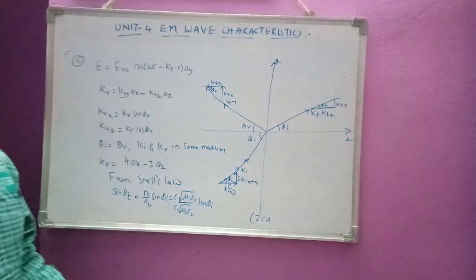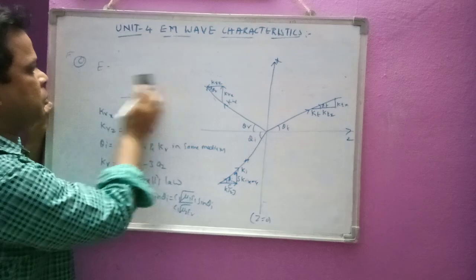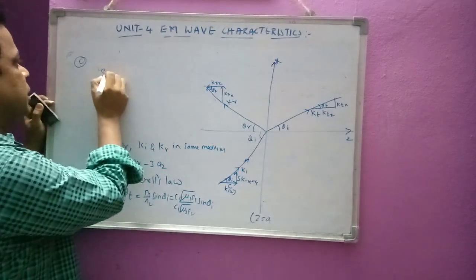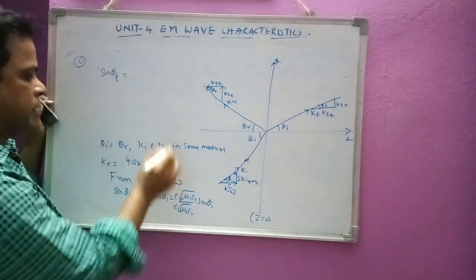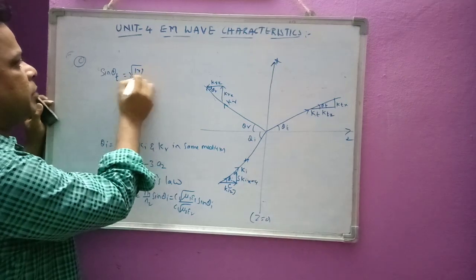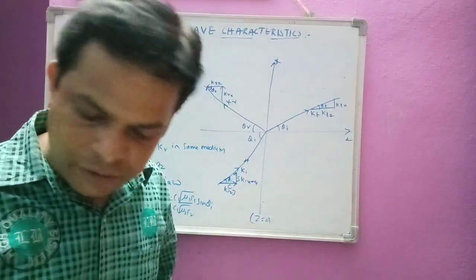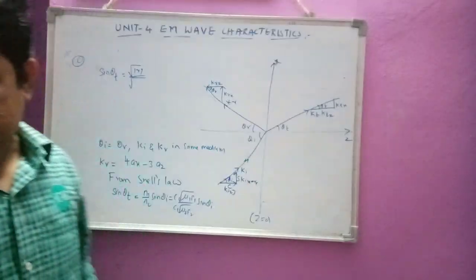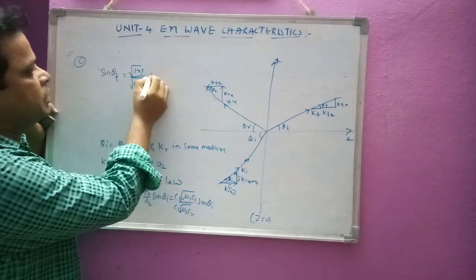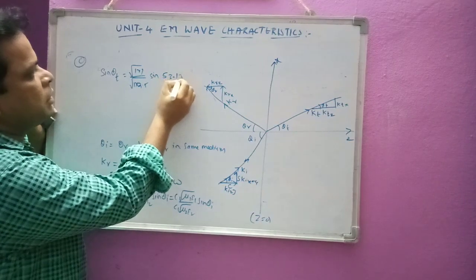And now it has been given that for medium 1, mu_r is equal to epsilon_r is equal to 1. I can write sin theta_t is equal to root of 1 into 1 by square root of 1 into 2.5, because in the question he has given the medium 2 values, 1 and 2.5, times sin theta_i, which is 53.13 degrees, already we have found this.